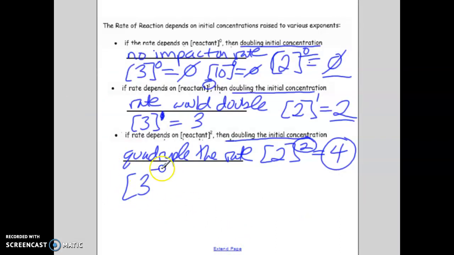So if I triple it, 3 times 3, I'm going to have 9 times the rate. Hopefully you're noticing a trend here. The larger the exponent number, the larger the impact that substance will have on the rate.